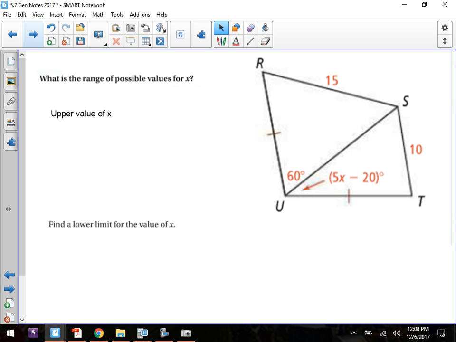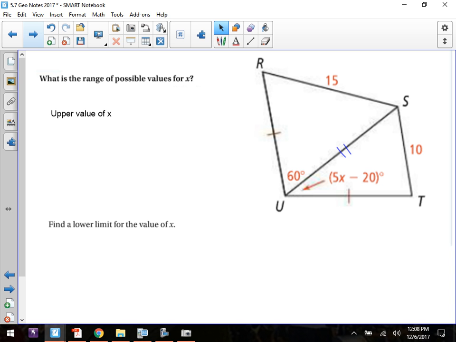So as you draw this one out, you'll notice that you have one set of congruent sides. Is there a second set of congruent sides? Yeah, the reflexive side. Good. Everybody see that? Have you drawn that out? So you have two sets of side lengths that happen to be congruent to each other.